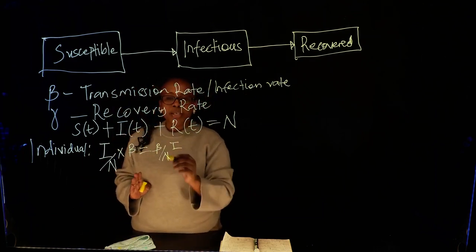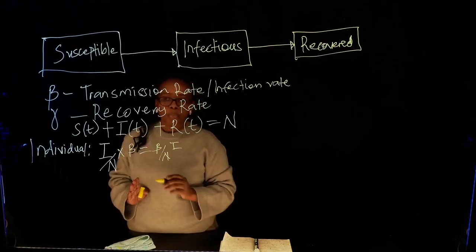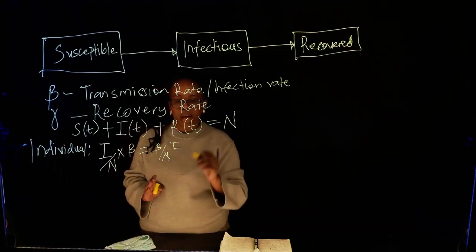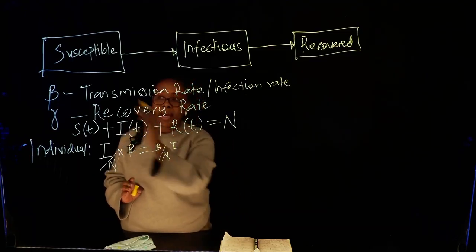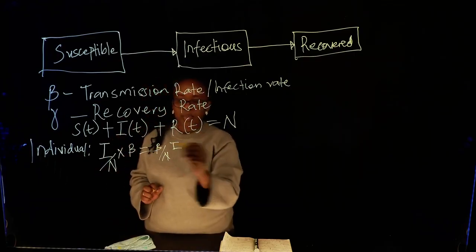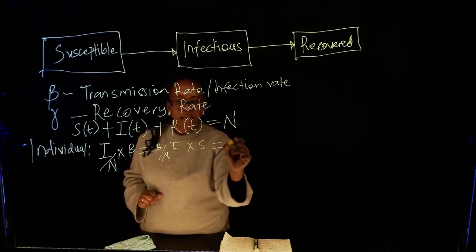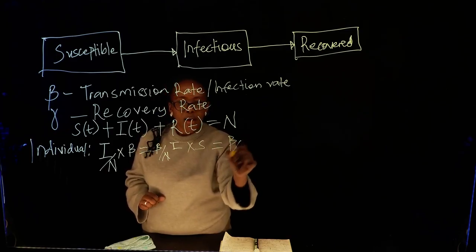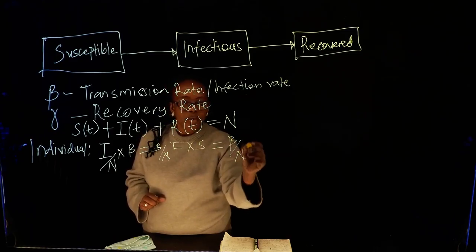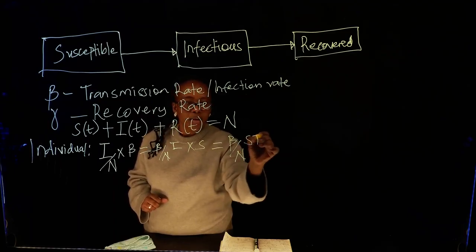But then we need to scale this up to the total population of the susceptibles, and this means we are going to multiply by S, which is the population of the susceptibles. So that gives us beta out of N times SI.